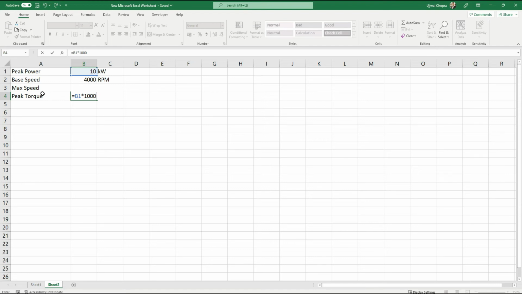So this makes power in watts, divided by 4000, and then there's a unit conversion factor which is 60 by 2 pi. So this gives us a peak torque of 23.86 Newton meter.